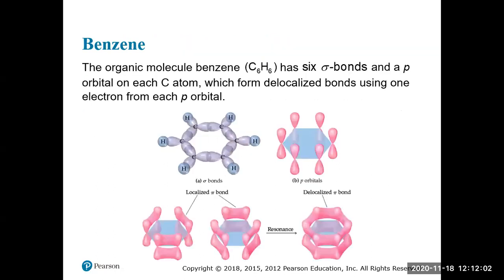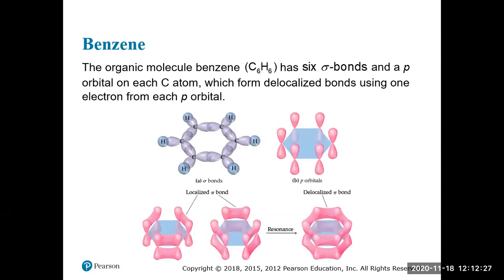So let's take a look at what that looks like in the benzene example. Benzene has 6 sigma bonds. That's that overlap bonding, and we see that in the first picture there in the upper left. So we see those sigma bonds forming through the overlap.